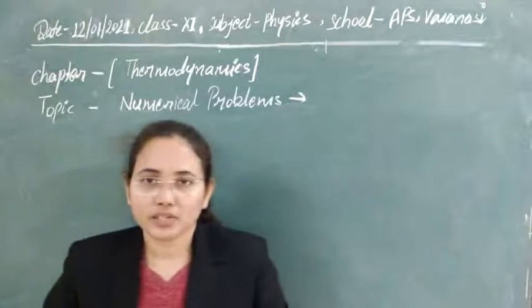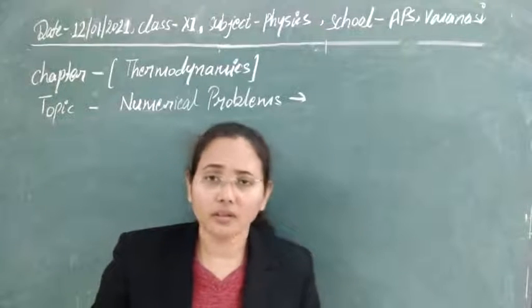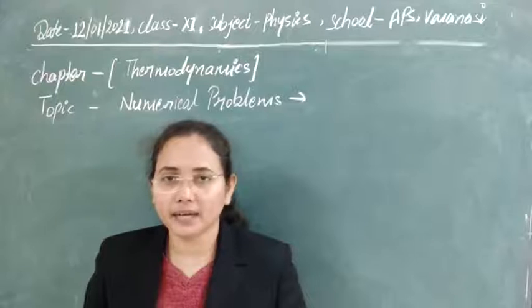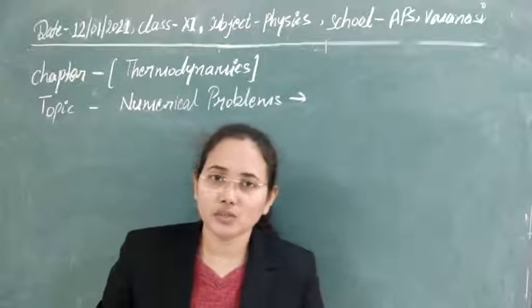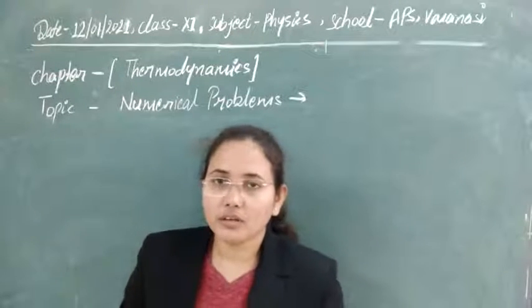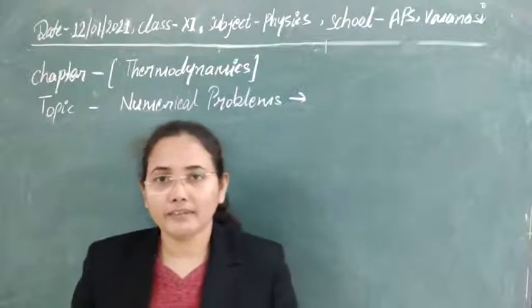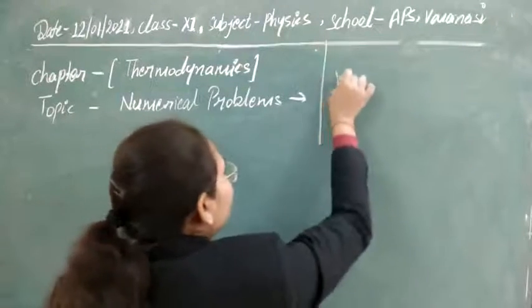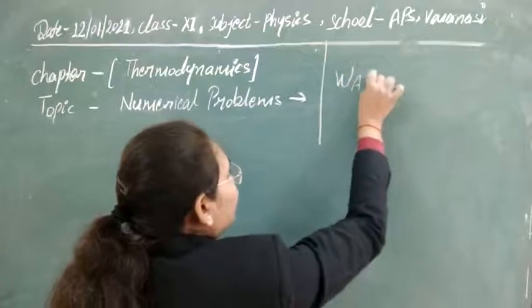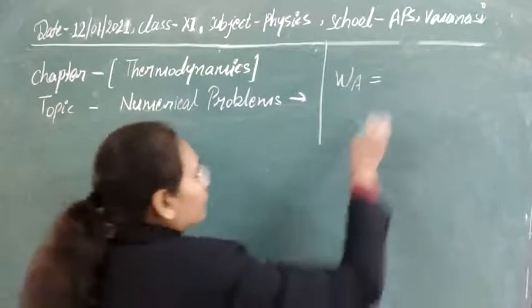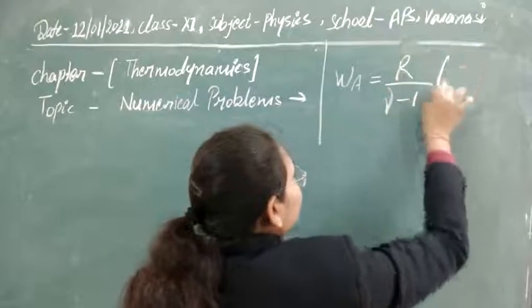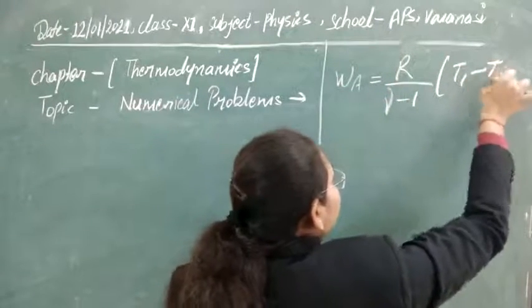So students, the next question is on the formulas that we have derived for the work done in the adiabatic process and the work done in the isothermal process. First of all, you just have to remember those formulas, so let me write them here. The work done in the adiabatic process is given by R upon gamma minus 1 into T1 minus T2.